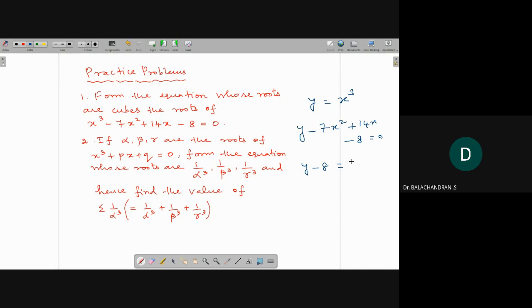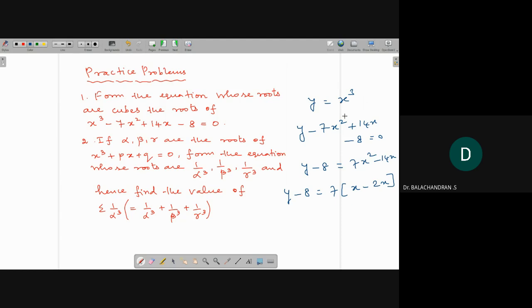You can take 7x common: 7x square minus 14x. So y minus 8 equals 7 times x square minus 2x. What happened now? I want to take the cube on both sides because I need x cube.